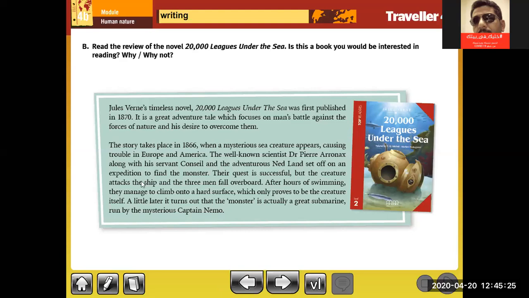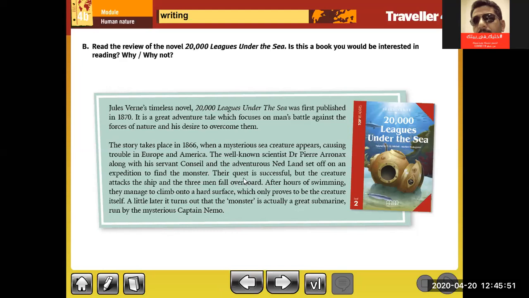Expedition, of course, is not a kind of car, Ford Expedition. No, expedition means a journey to explore, رحلة استكشافية, to find the monster. What monster? This mysterious sea creature that appeared causing trouble in America and Europe.